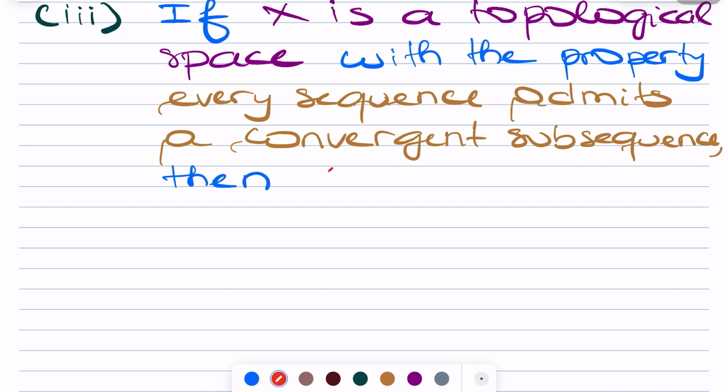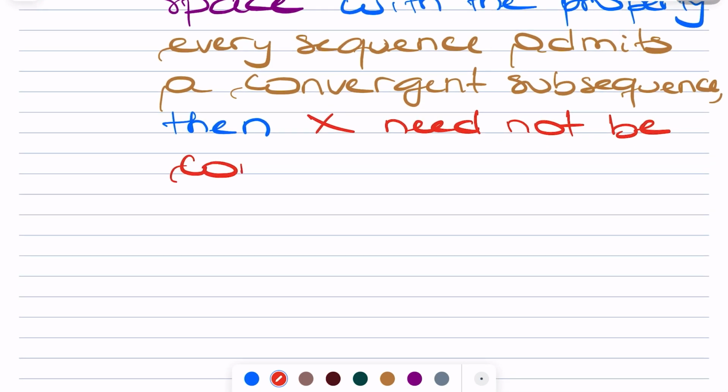X need not be compact. So this actually only works if X is actually a metric space. Good.